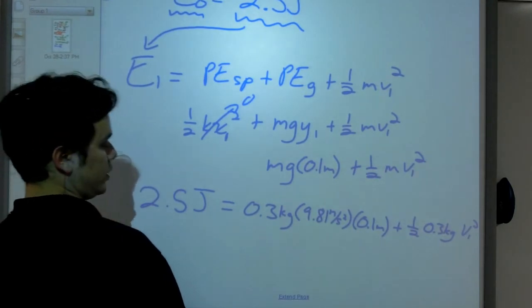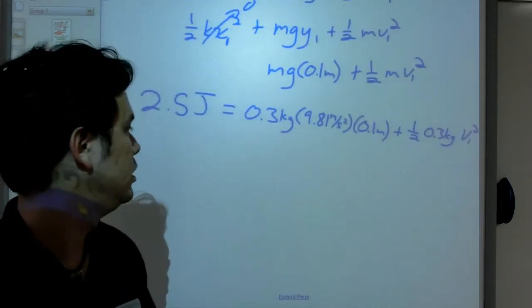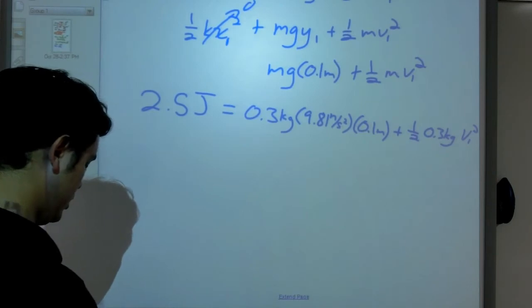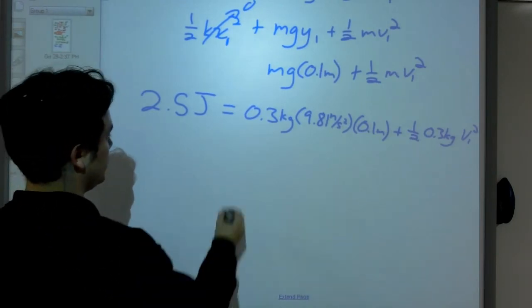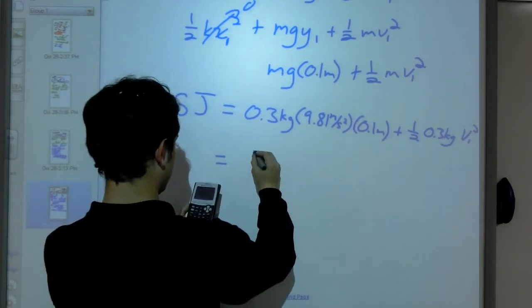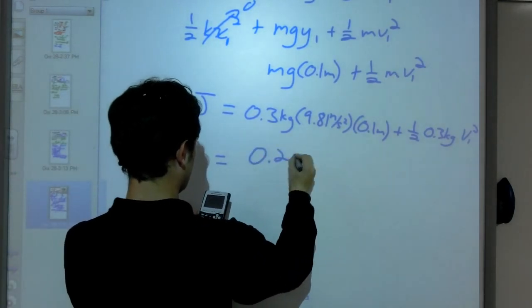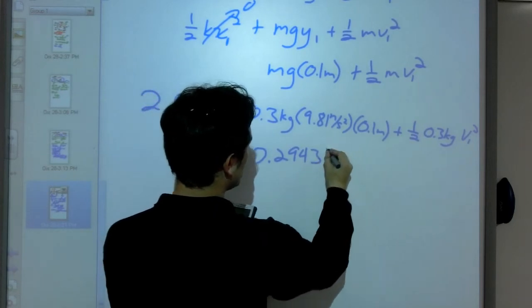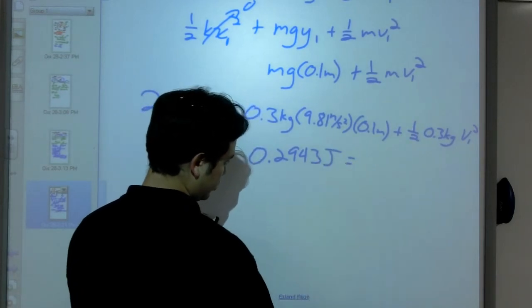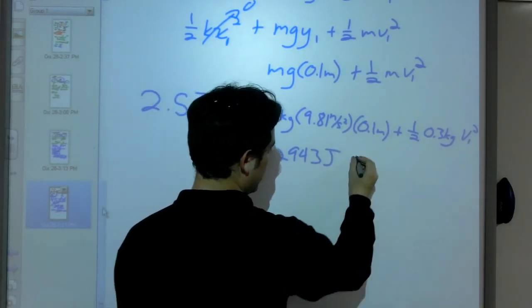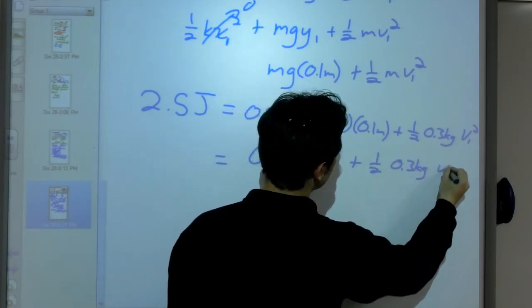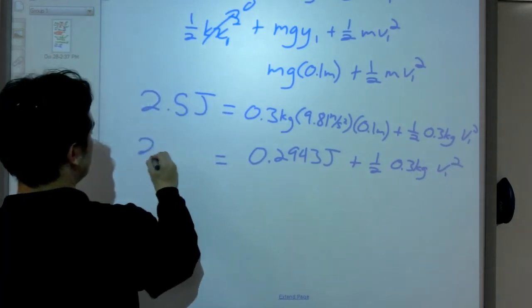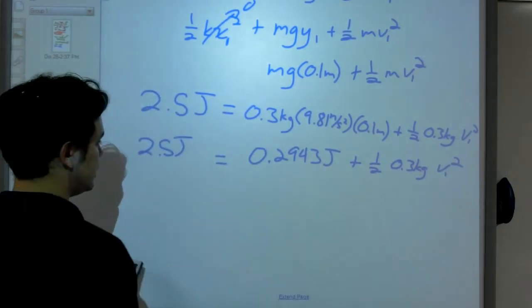If I evaluate these, 0.1 times 0.3 times 9.81 becomes 0.2943 joules, plus 1/2, 0.3 kilograms v1 squared, and 2.5 joules over here.